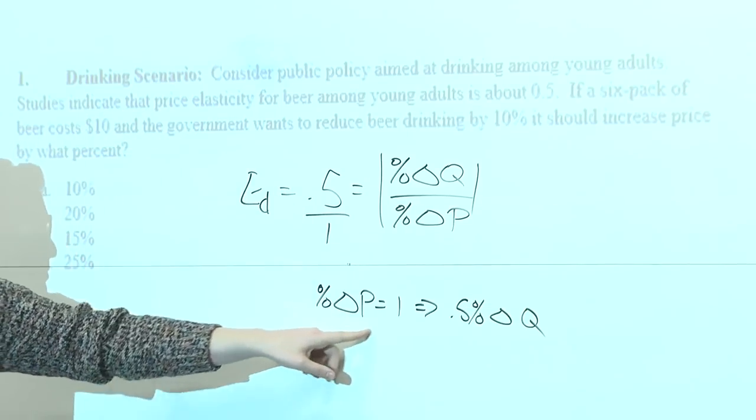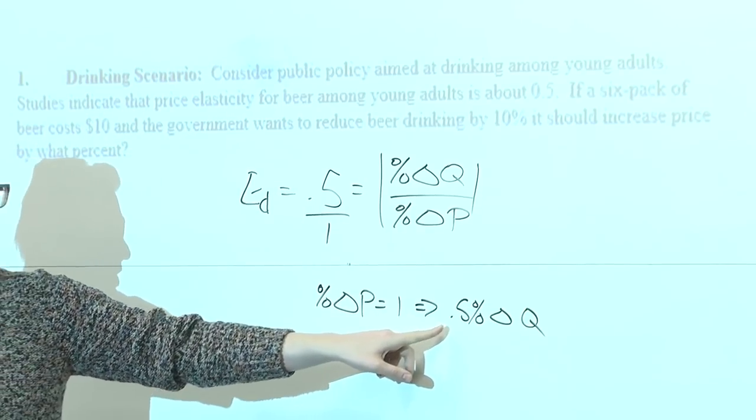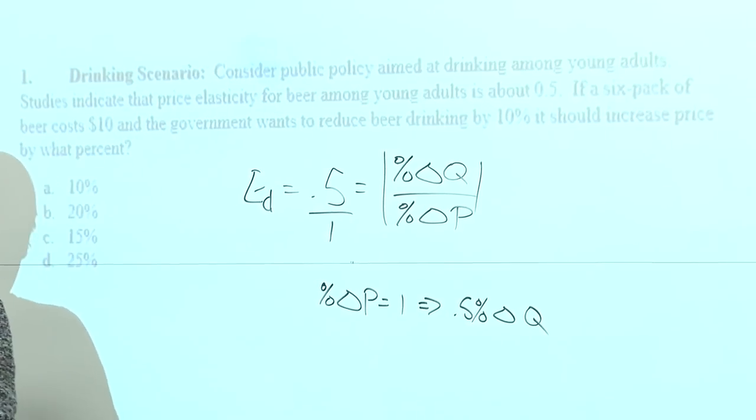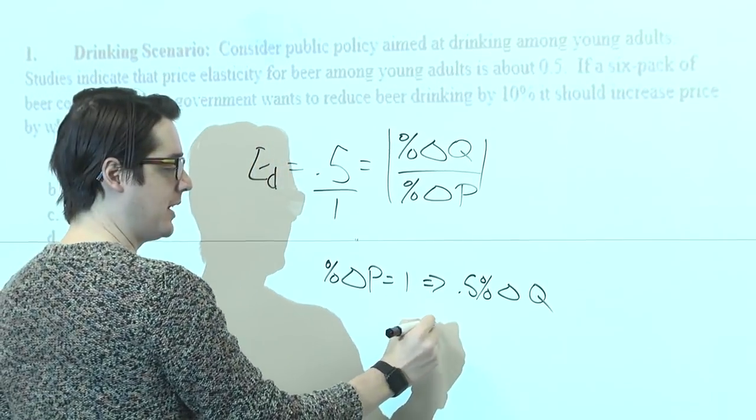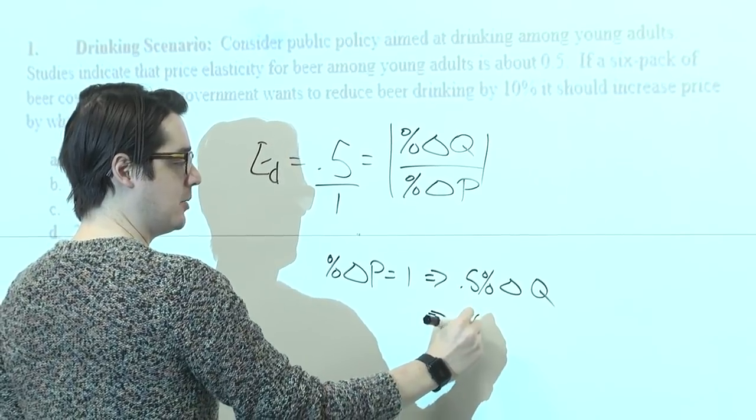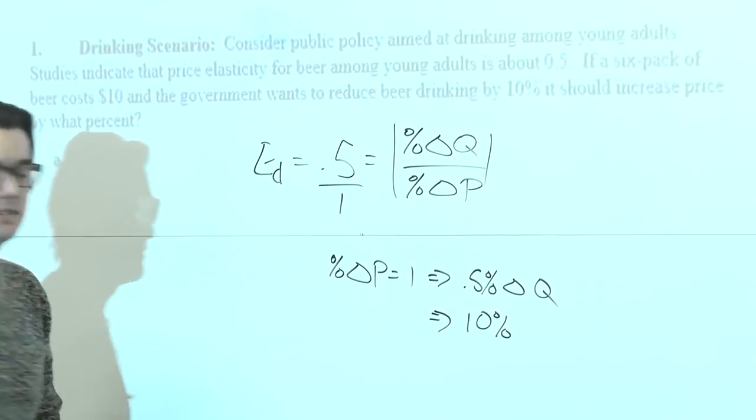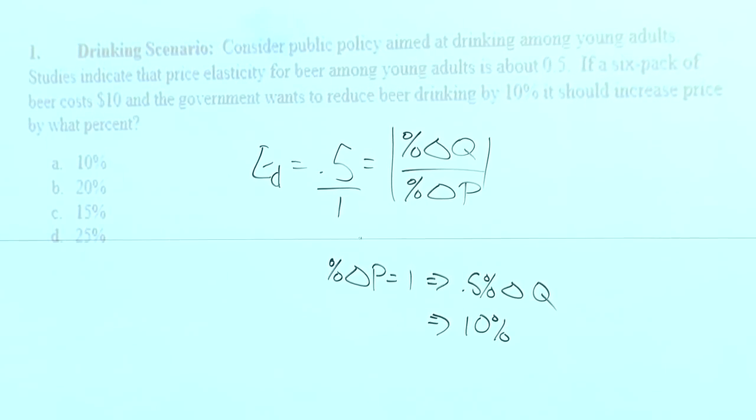Okay, so if the change in P is 1, then the change in quantity is 0.5. So what are we going to have to do to get this equal to 10? How big does that change in P have to be?